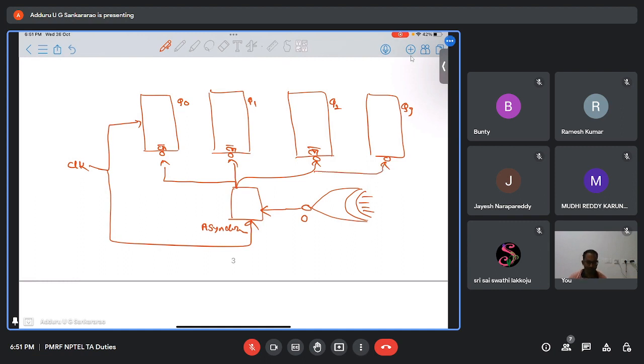Now, whenever the clock comes, then only the output will change through some AND gate or OR gate like that. Is that okay?